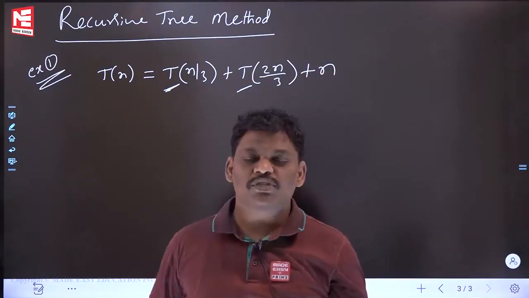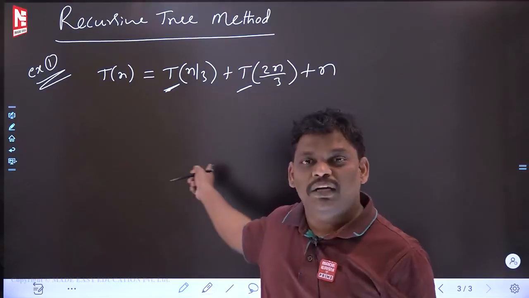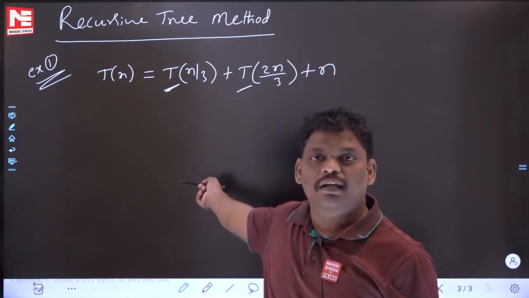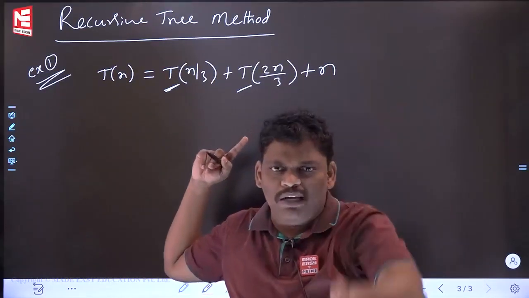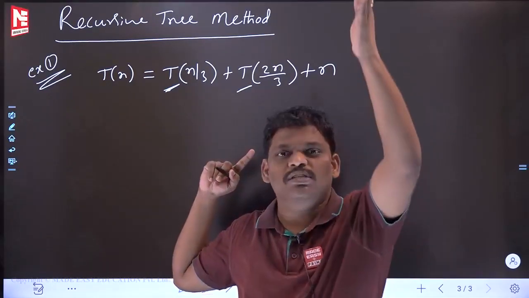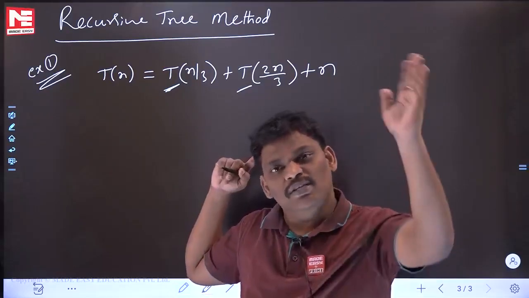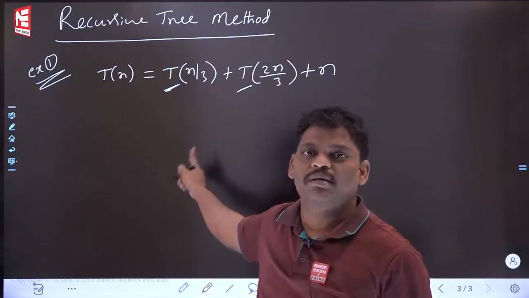But here it is a 2-array tree, 3-array tree, 4-array tree. So the substitution method is nothing but a normal linear format. That is also a tree, a unary tree, but here it is a binary tree, ternary tree, something like that.